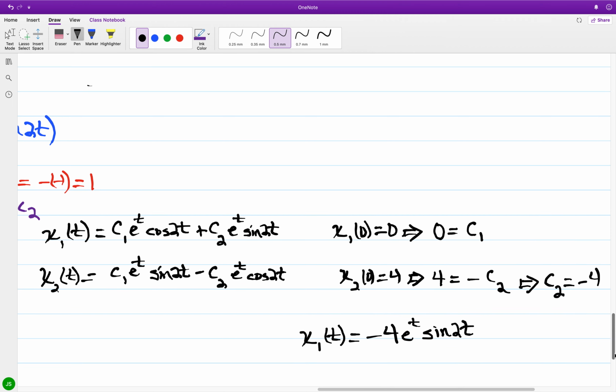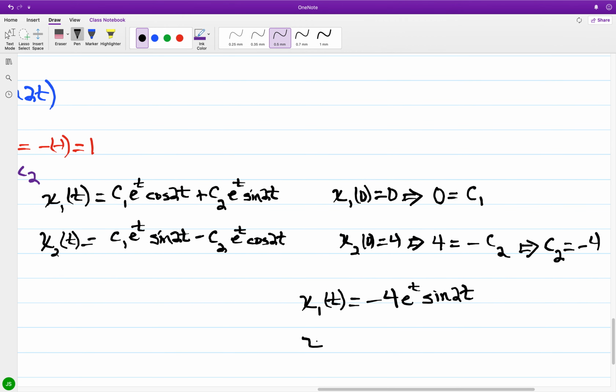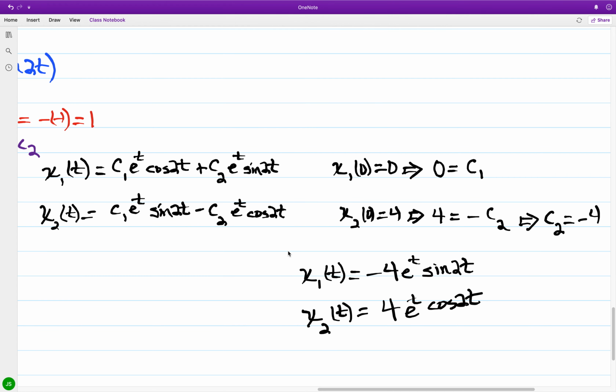In the case of x of 2 of t, c of 2 is negative 4, and in the general solution you have the negative of c of 2, so the negative of negative 4 is a positive 4 times e to the t times the cosine of 2t. And that will be the solution for this particular set of differential equations.